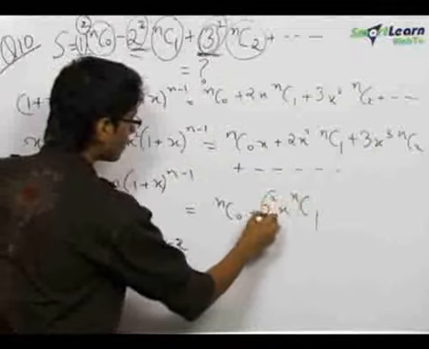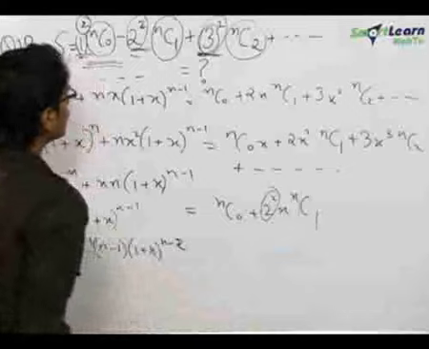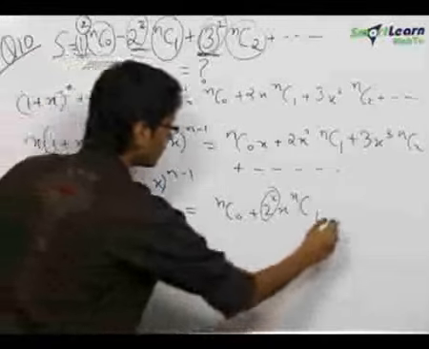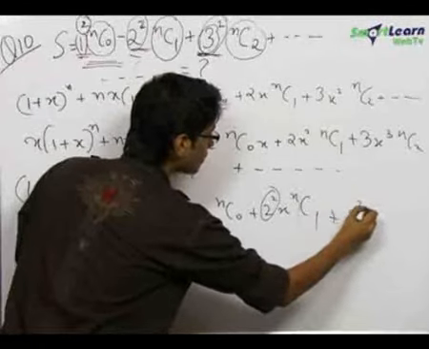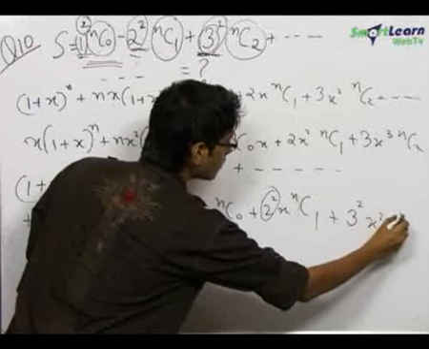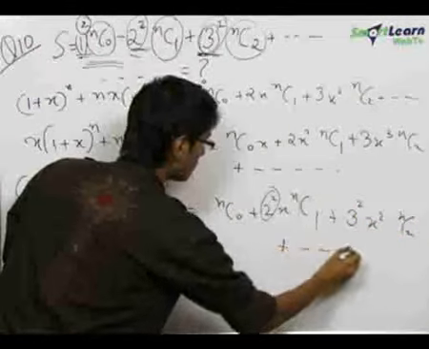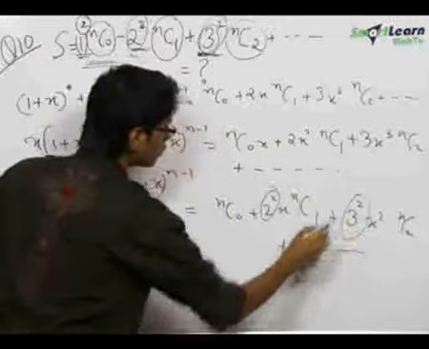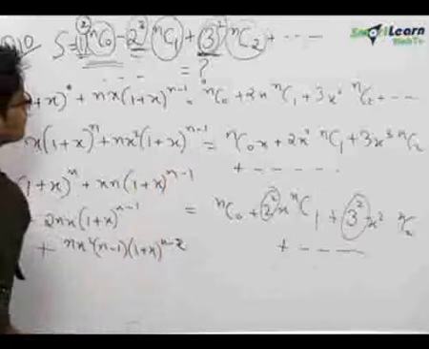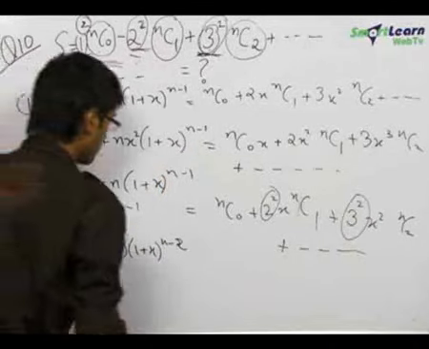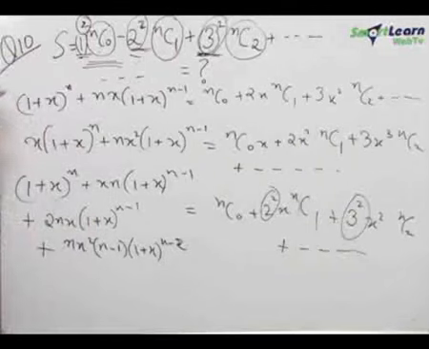So we have generated the two 2's required in front of nC1, plus 3 square x square nC2. We have generated the two 3's also in front of nC2. So our job is almost completely done.